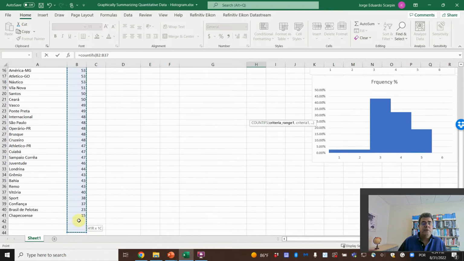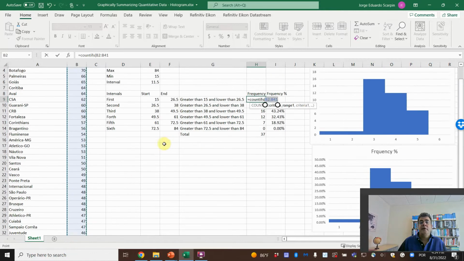Then F4, we will be fixing this range. And what is the criteria? How do we do greater than a cell instead of a number? Double quote, greater, double quote, and the cell. That is this one, so greater than E9.